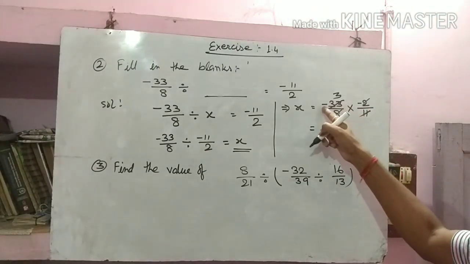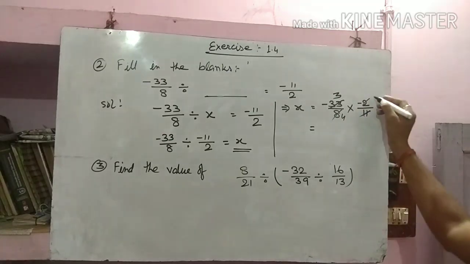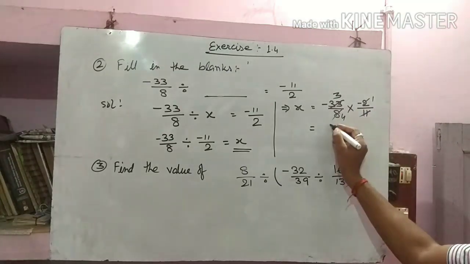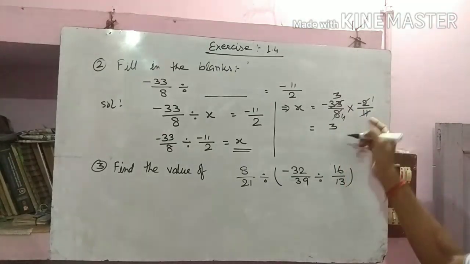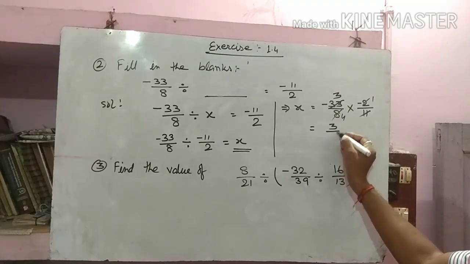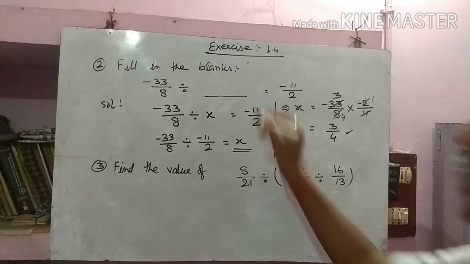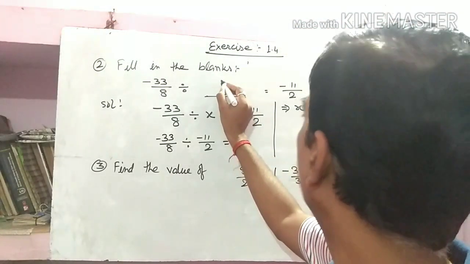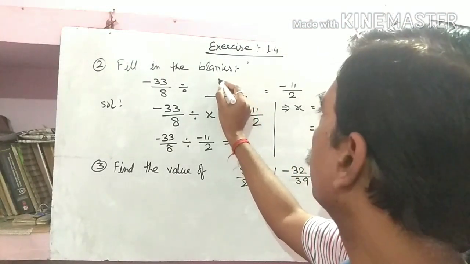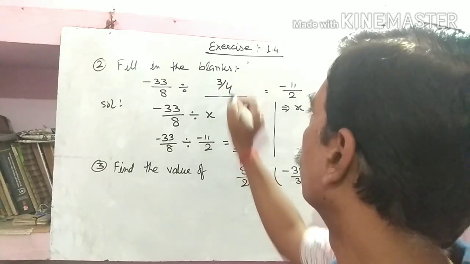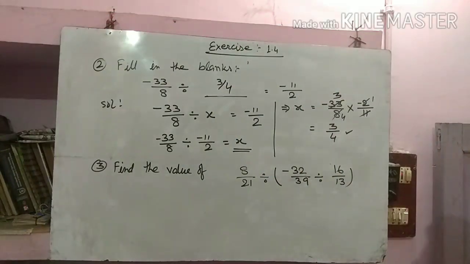So what will we get? Minus 3 into minus 1 becomes 3, and 4 into 1 becomes 4. So the unknown number, the number required, is 3 by 4.